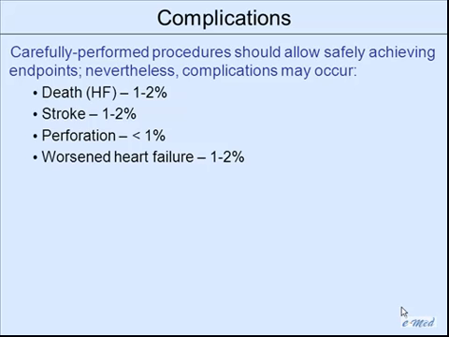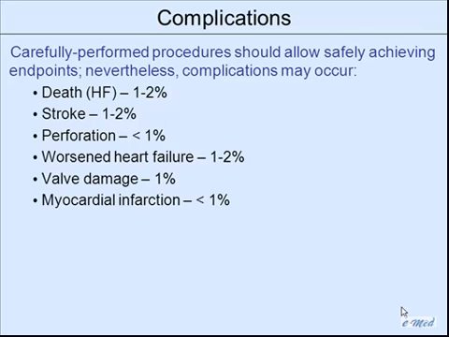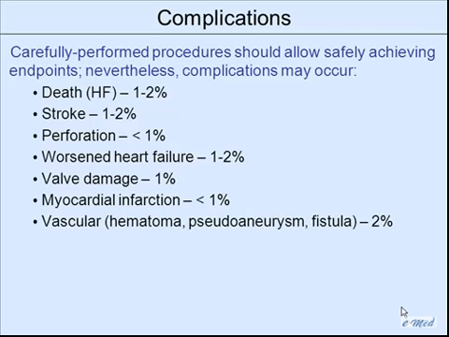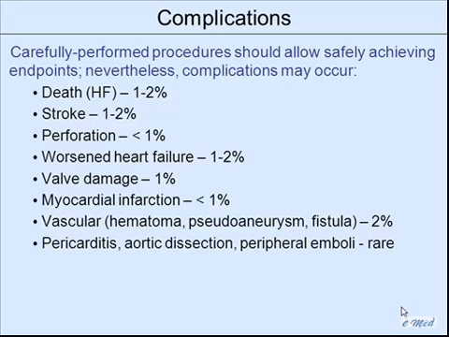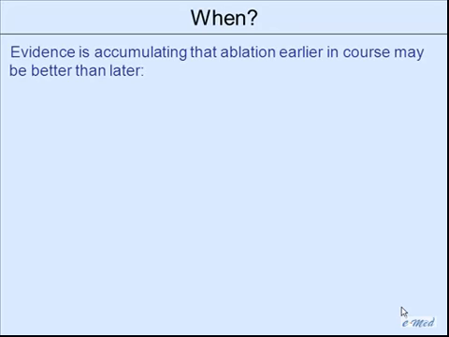It'll be the right ventricle that perforates, if anything, not the left, with your regular quadripolar catheter. Worsening heart failure, especially with a lot of retrograde delivered valve damage, aortic valve damage. Many people are going transseptal nowadays and avoiding that entirely. Myocardial infarction is quite rare. Our biggest problem is vascular complications, which many patients have, and so forth.